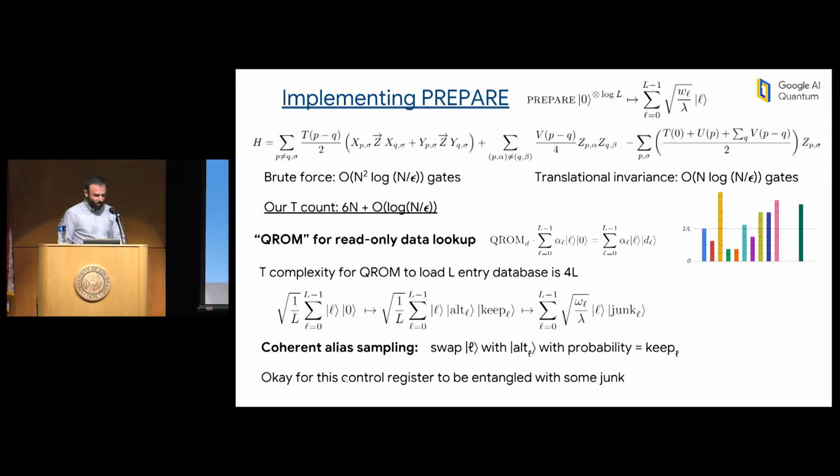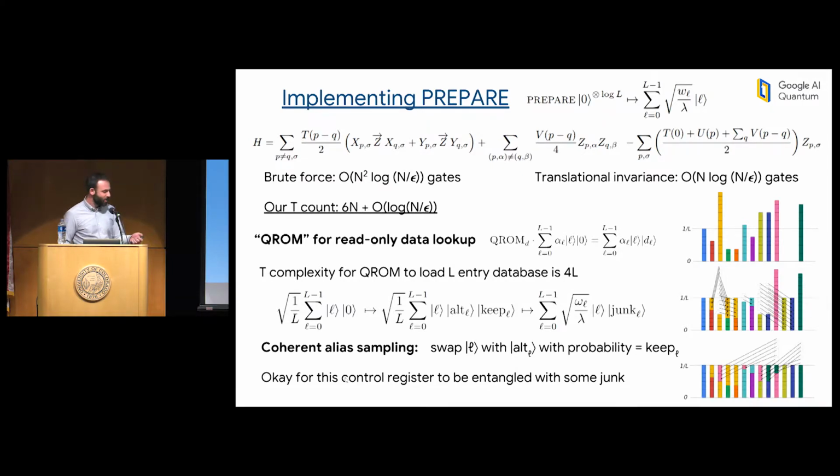So if this is the probability distribution we're trying to realize, the y values are the values of the WL, or the square root WL, and the x-axis is just the different values of L. What we do is we have an efficient classical algorithm, for which we actually provide Python code, which repacks these values so that each value of L has total amplitude exactly 1 over L, which is what we have here.